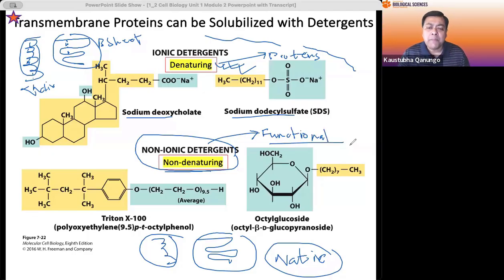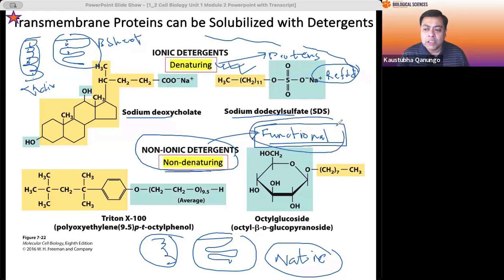Now, in some cases, after you denature the proteins, you can refold them in a refolding buffer. In some cases that is a possibility, but it is not always successful. Whereas this is always a safe process to extract proteins in the functional or non-denatured form.